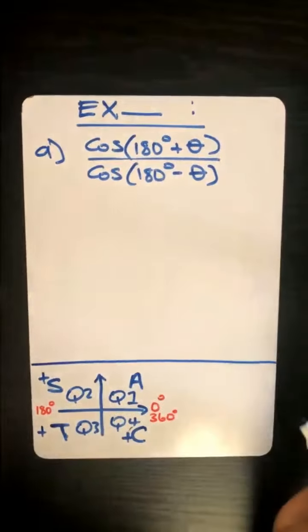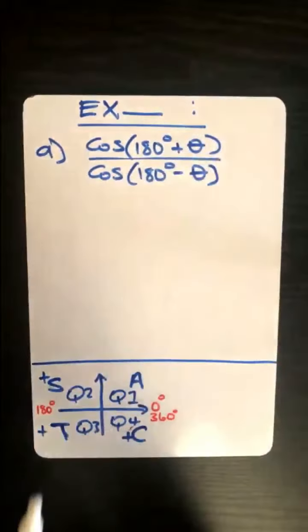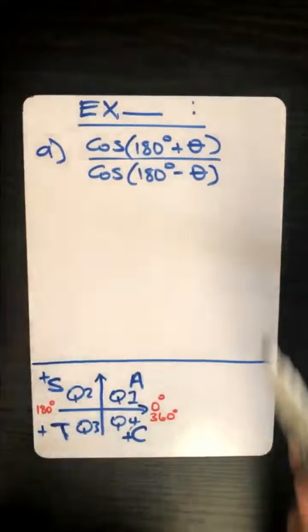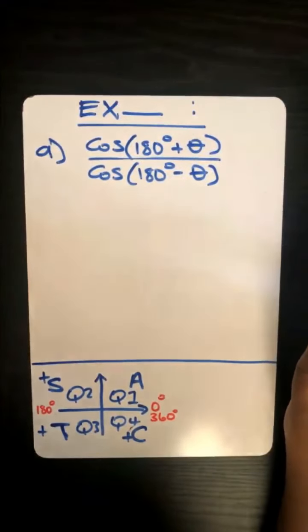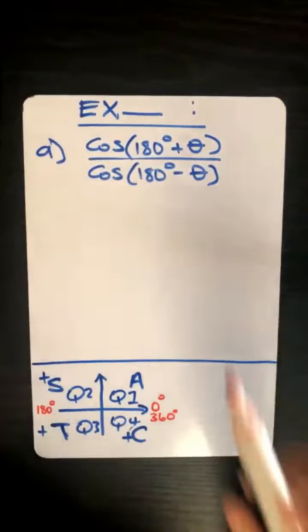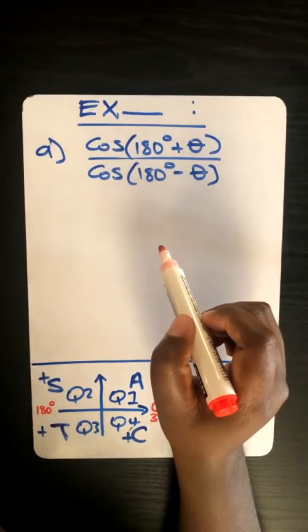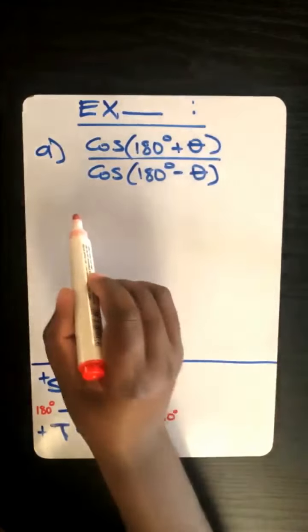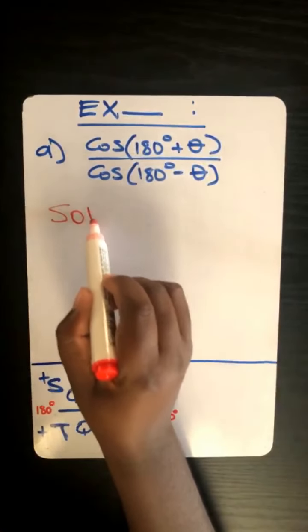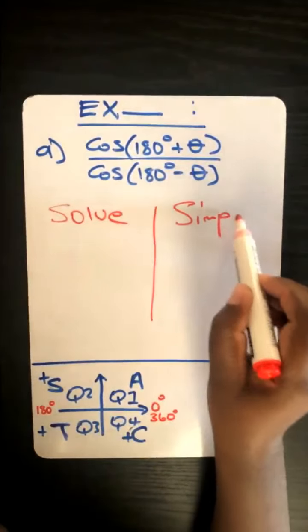So let's see. We are given that as a problem to work out. So let me quickly teach you this thing, guys. In maths, there are two things that you can do. Normally we solve, or otherwise we simplify.